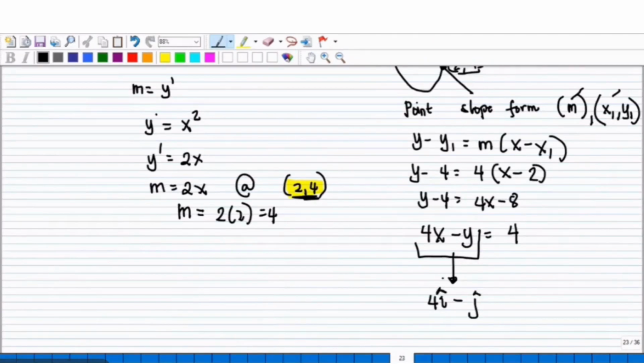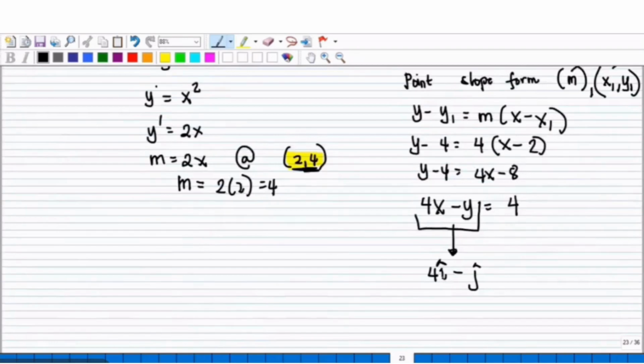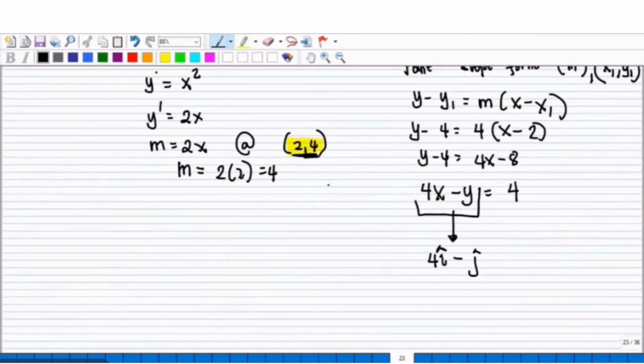So, ito po yung ating vector na desired dito. Okay, pero take note, vector pa lang po. So, hindi pa natin natatapos yung unit vector. So, kunin natin yung unit vector. So, ano po ba ang unit vector? So, vector over your absolute value ng ating vector. Okay, so this is equal now to 4i minus j all over with the magnitude.